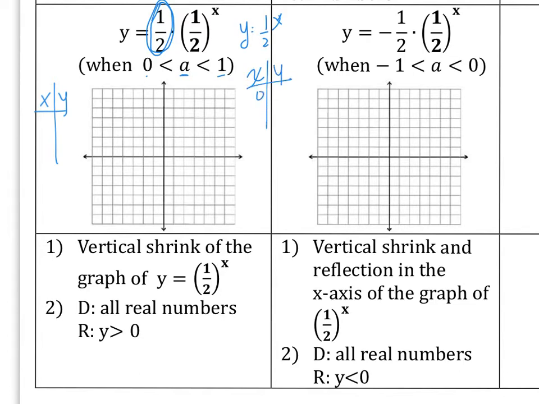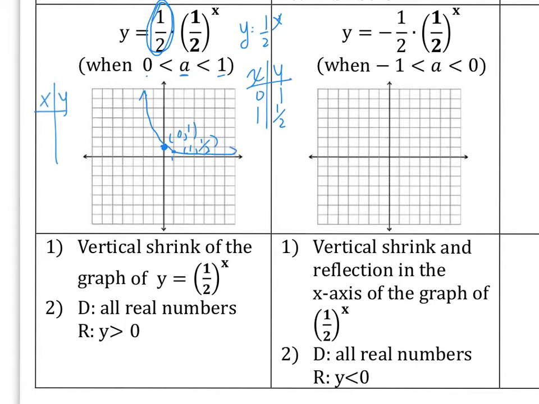So (0, 1) and (1, 1 half). So here we have (0, 1) and (1, 1 half). And we can connect the dots.